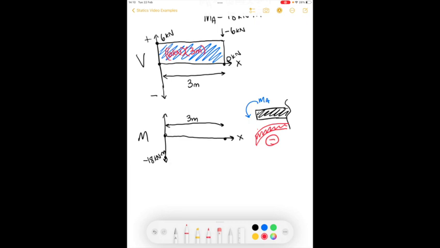So the area of that is positive 18 kilonewton meters. So I'm going to start at negative 18 kilonewton meters, and go up 18 kilonewton meters, which of course brings me to 0. So I'm going to draw a straight line from negative 18 to 0, and that will be the shape of the bending moment for this beam.